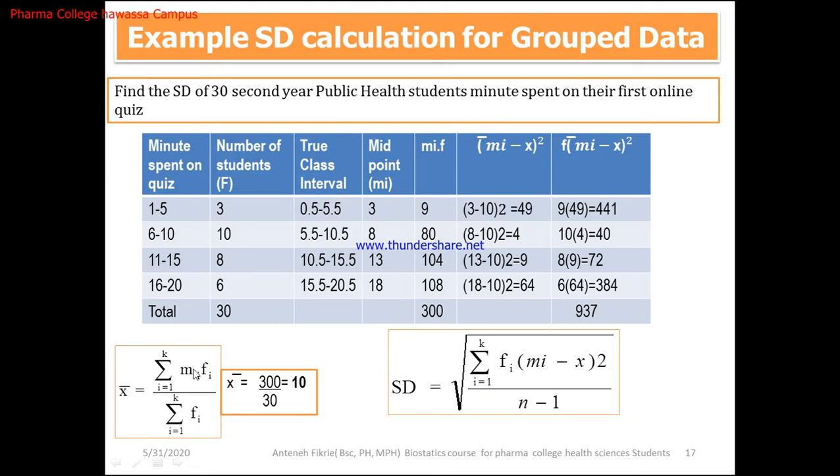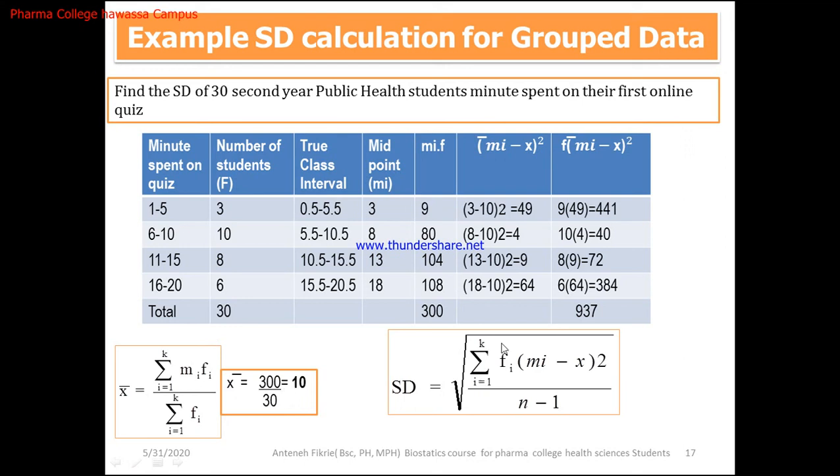Finally, we calculate the mean. The mean is equal to the summation of midpoint times class frequency, divided by the summation of the frequency, which is 30. So 300 divided by 30 is 10. The mean is 10.